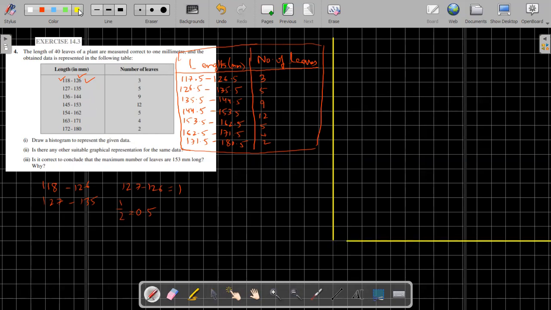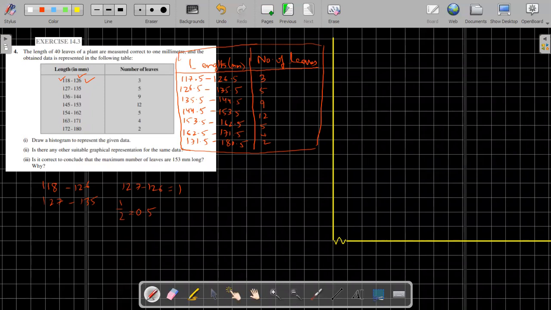Okay, so here we will make one zigzag line, and then we can start from 117.5. Then 1, 2, 3, 4, 5, 6, 7. Okay, we can make it easily.